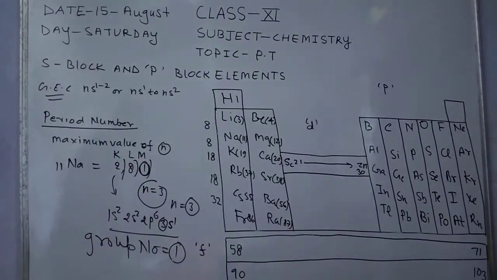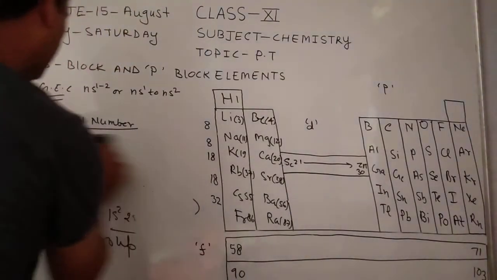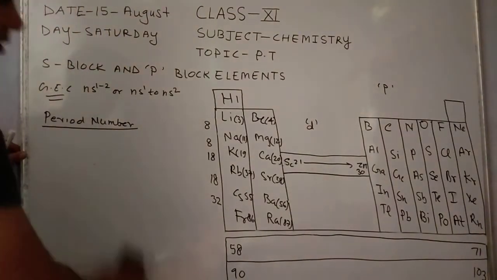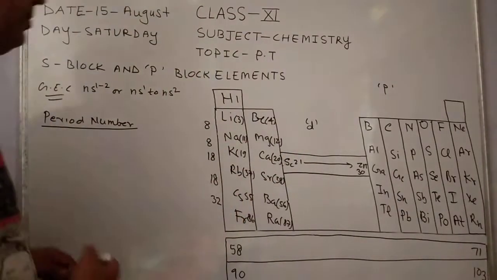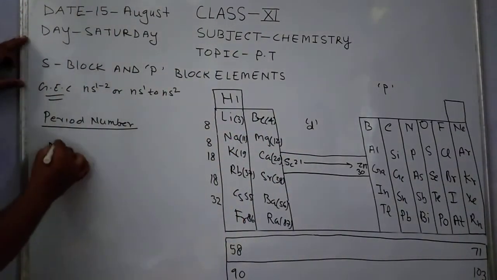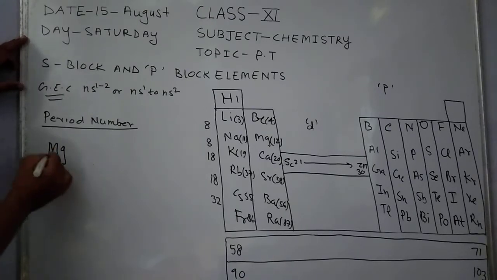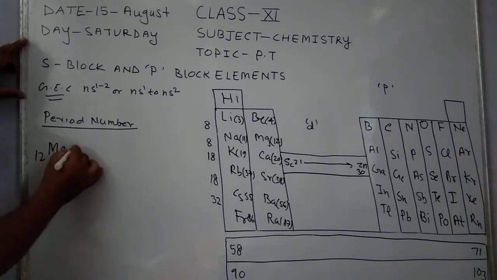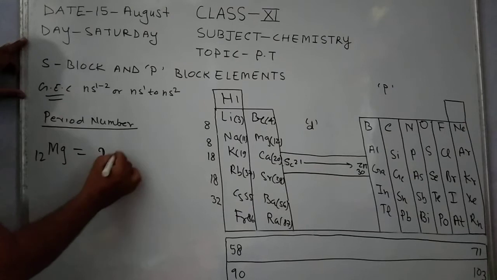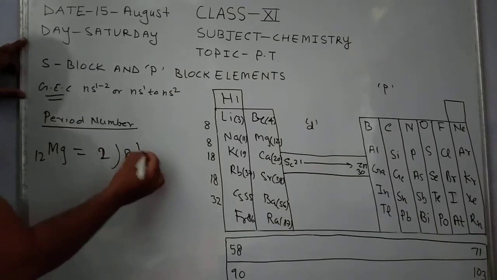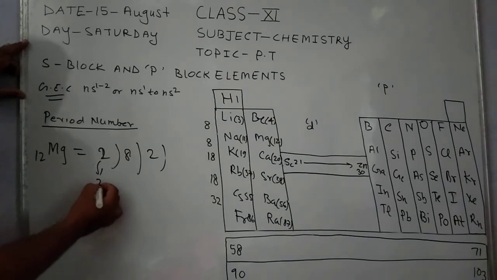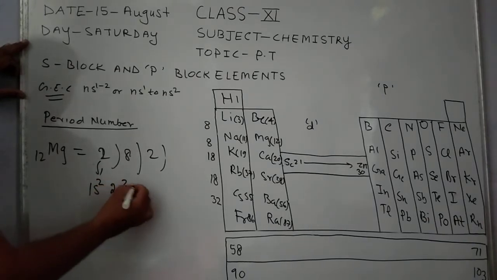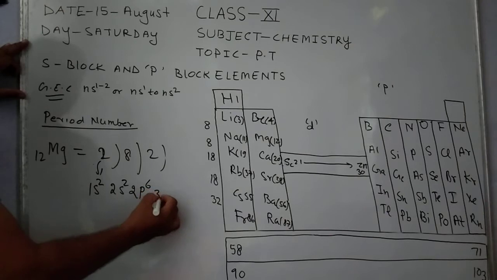In this way, we can also calculate the group number of rubidium and magnesium. The atomic number of magnesium is 12, so you have to write the electronic configuration 2, 8, 2. In terms of subshells, 1s2, 2s2, 2p6, 3s2.